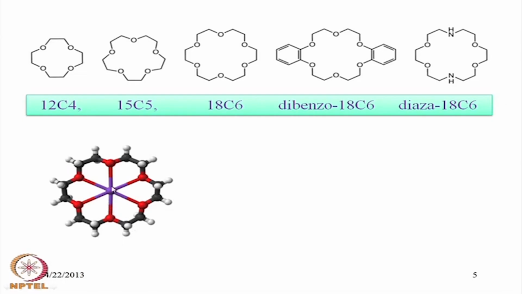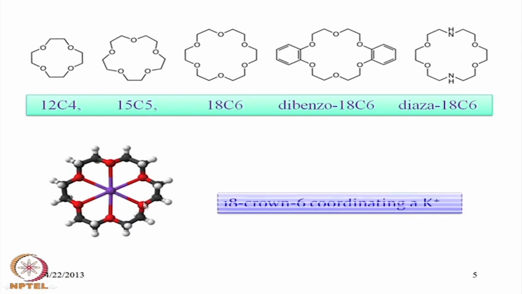That means the chemistry related to the transition metal ions, but the binding of these alkali and alkaline earth metal ions is very important. So, when potassium ion is coordinating with 18-crown-6, we have this particular one. So, potassium is sitting over here and 6 oxygen atoms are binding to this particular potassium, because this cavity size is matching very much with that of our potassium ion.